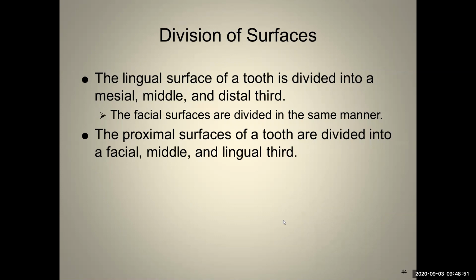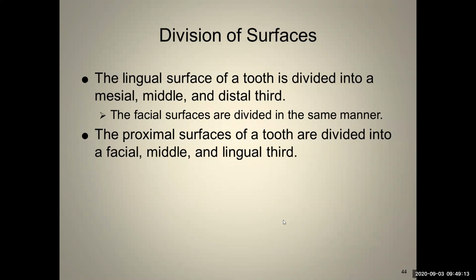So the lingual surface of the tooth is divided into mesial, middle, and distal thirds. We're dividing the tooth up. We're trying to get very specific when we're talking locations. The proximal surface of the tooth, remember, is next to another tooth, and that's divided into facial, middle, and lingual thirds.